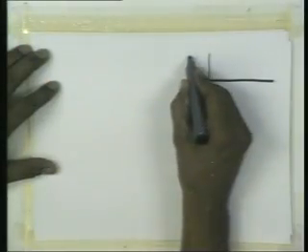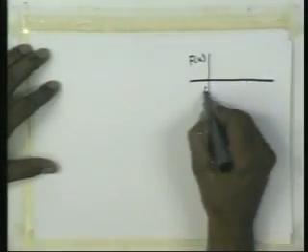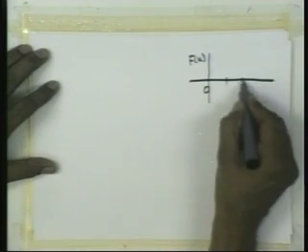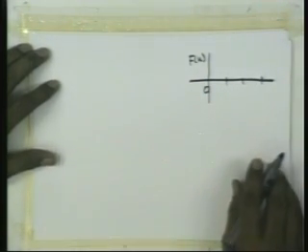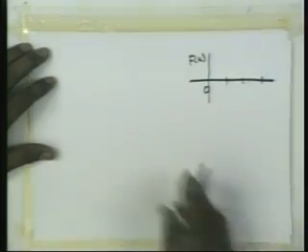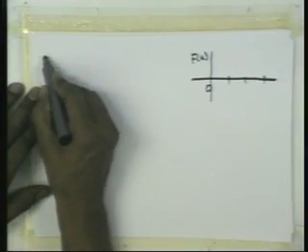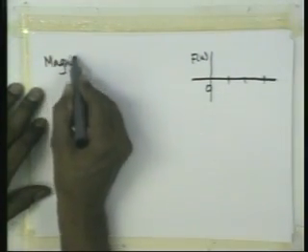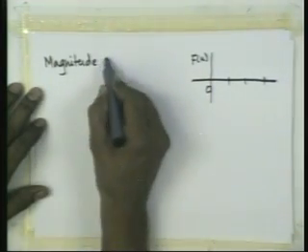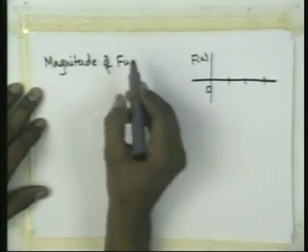Now this is my F of u versus u is equal to 0, 1, 2, 3. But I will have to plot 2 items, so what is usually done is you look at the magnitude of F of u.